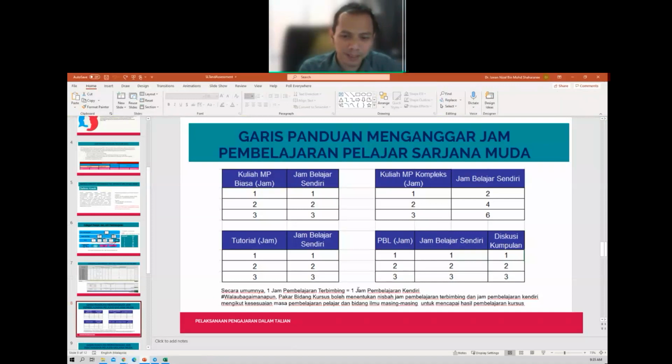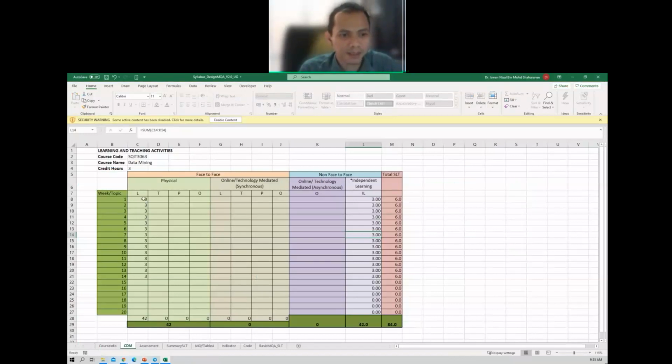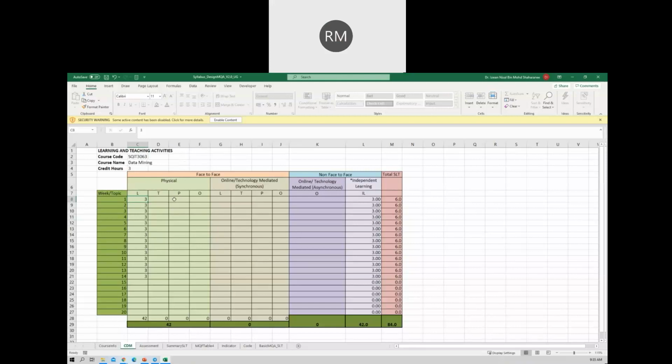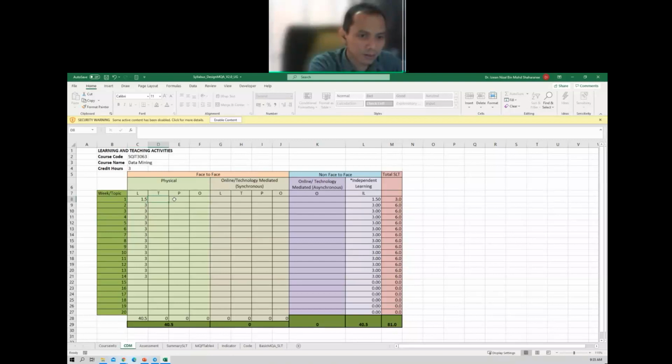I see. Let's say for my class it is not like this, because my data mining class involves practical. I have a class where maybe 1.5 hours I lecture, another 1.5 hours I do practical. That is also possible.